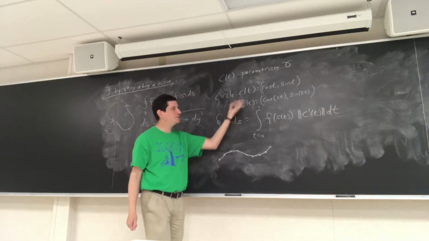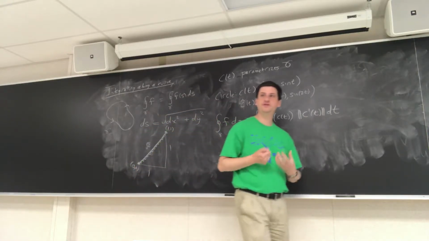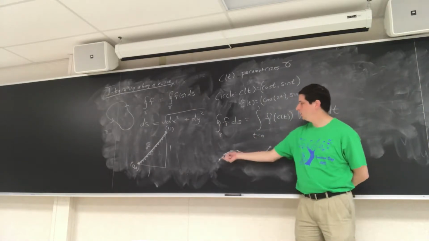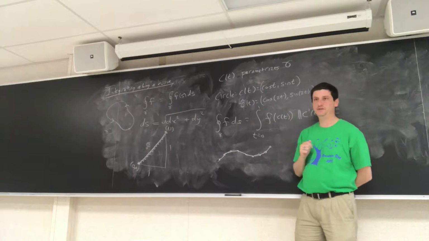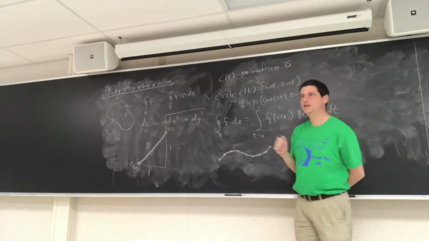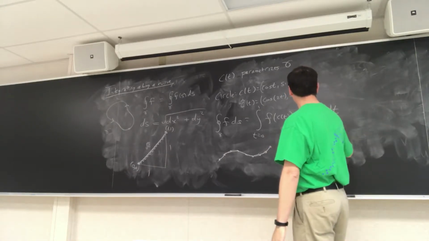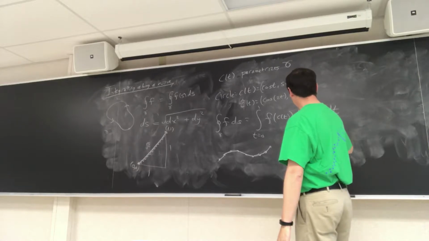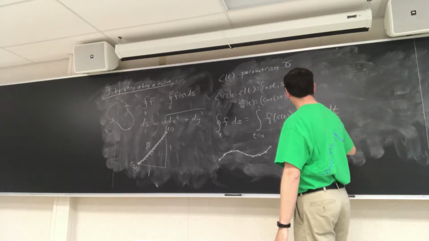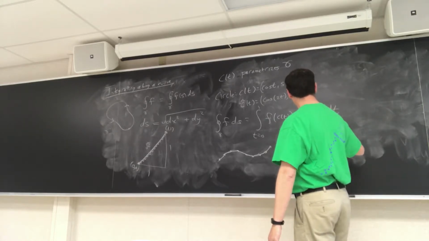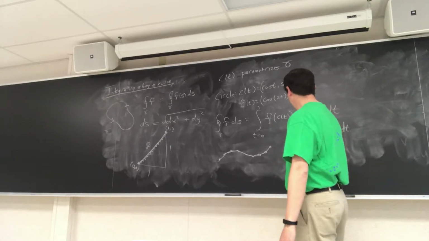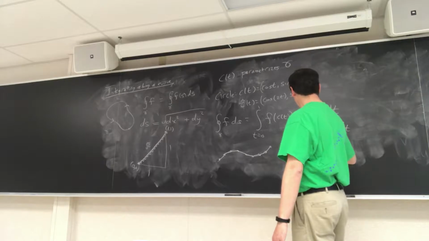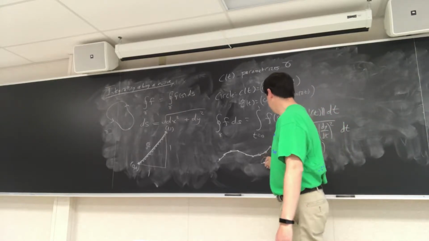And if I want to figure out what's the value of the integral of my function, ds, well, I figure out what's the length of each one of these, which is going to be my c prime of t. And this is going to be giving you the square root of dx dt squared plus dy dt squared dt, where x of t, y of t, that's my curve c of t.